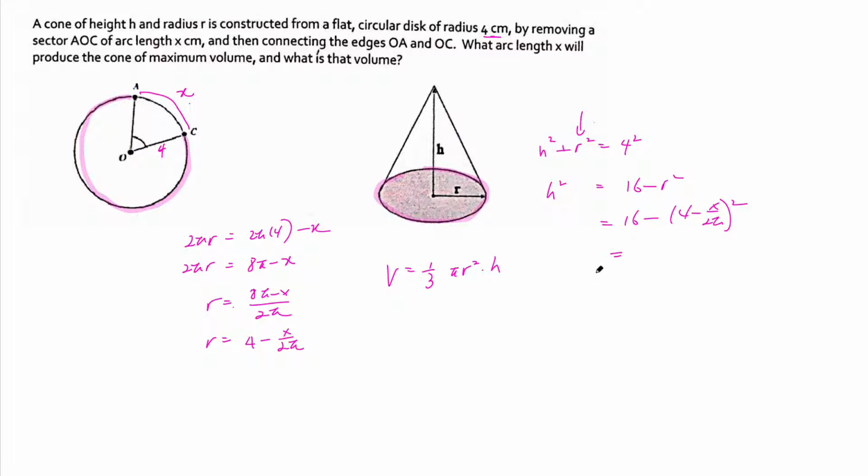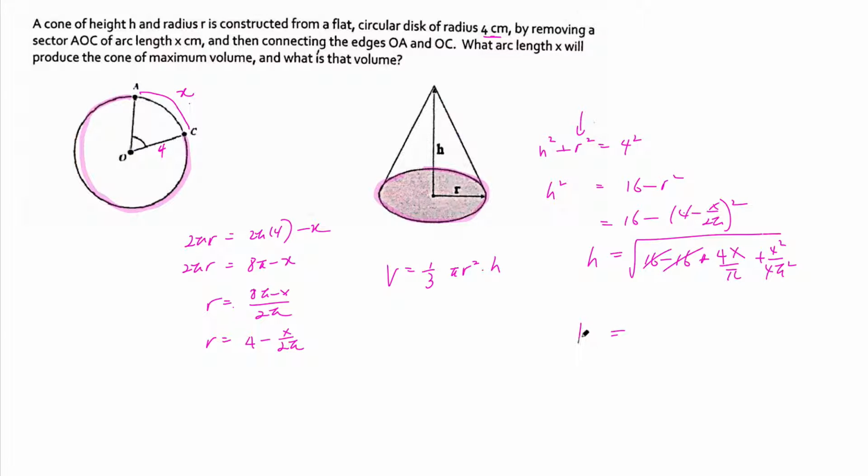Okay, now we can represent h in terms of x as well. So h is going to be the square root of 16 minus 16. If you multiply this, you get minus 4x over pi. And then you also get, so that's minus, it becomes plus, and the last term becomes x squared over 4 pi squared.